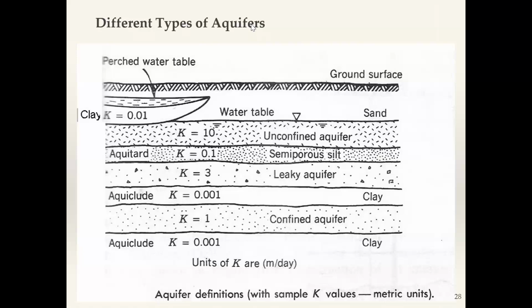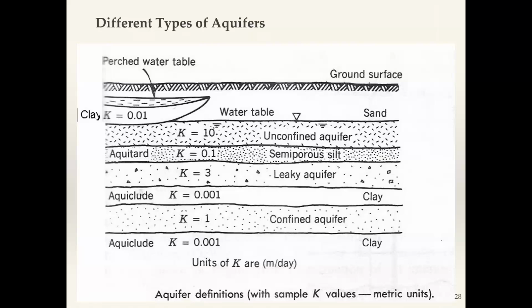Very good. Viscosity, density, right? They are the properties of water. So the hydraulic conductivity depends on both soil properties and water properties. That is the major difference. Other than that, both of them indicate the ability of the water movement through the aquifer layers, right?